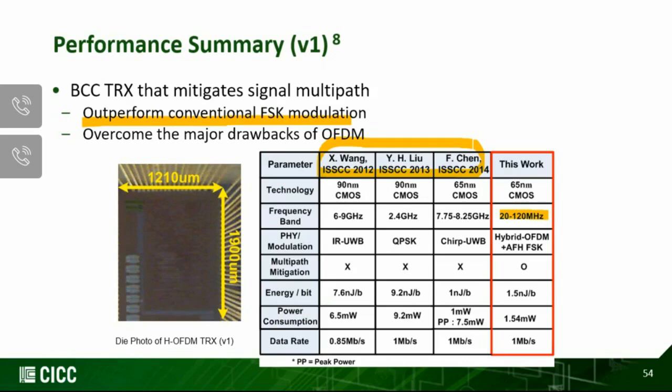This version 1 uses hybrid OFDM with adaptive frequency hopping FSK, and the frequency multipath mitigation is done. Energy per bit is 1.5 nanojoule per bit. The power consumption is still slightly higher than 1 milliwatt, but it's low enough compared with the others. Data rate was 1 megabit per second.